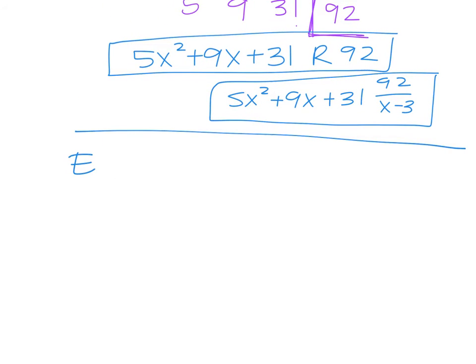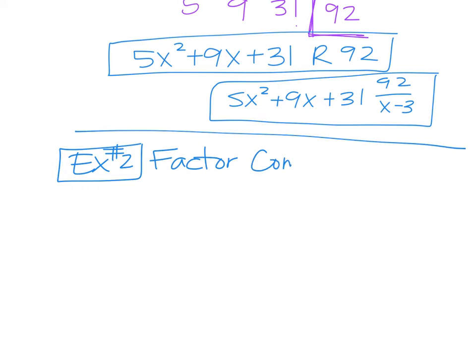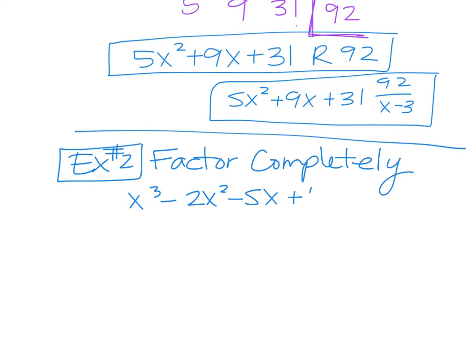Okay, example 2. If they say factor completely using synthetic division, you will get this: x cubed minus 2x squared minus 5x plus 6, given that x plus 2 is a factor.